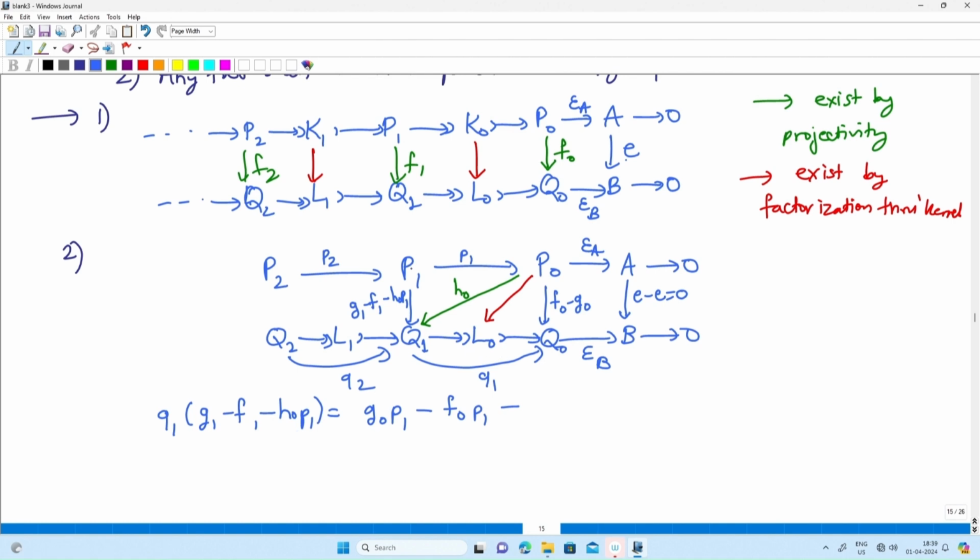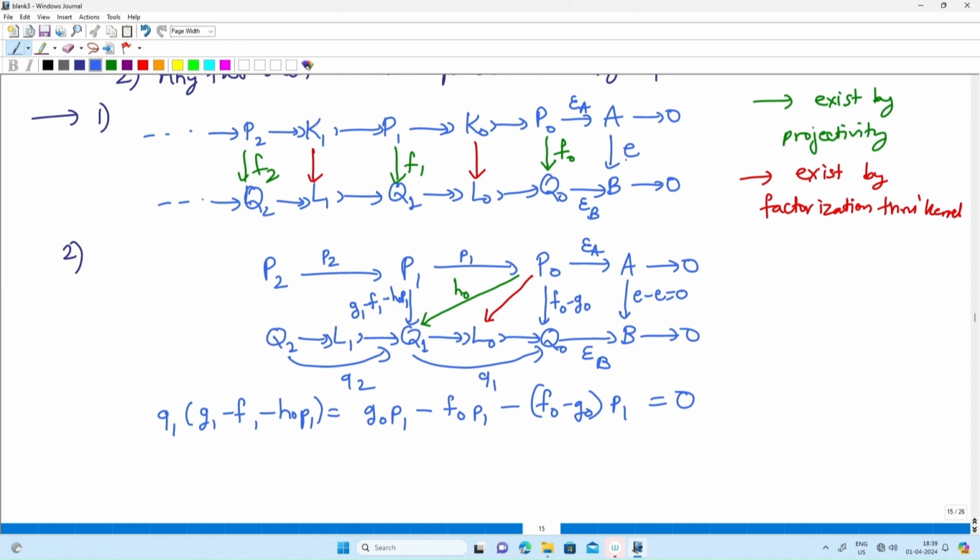So look here, P1, H0 and Q1. Now these triangles, they both commute. So therefore, Q1 H0 is nothing but this vertical map, F0 minus G0. So that is F0 minus G0 P1, which is just 0. So therefore, what happens is that you have reached the original situation.